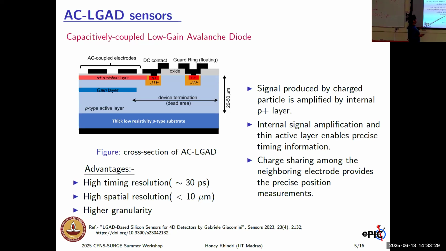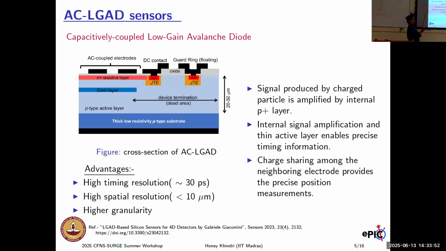This granularity helps us because we can distribute the charge among the cells so that we can get to know the precise position of the hits. One thing I would emphasize, I don't know whether it is visible from there, is that this particular layer is what decides the resolution of the sensor.